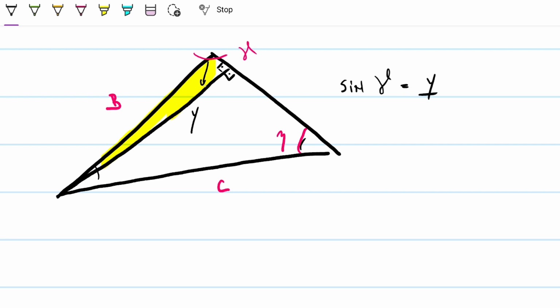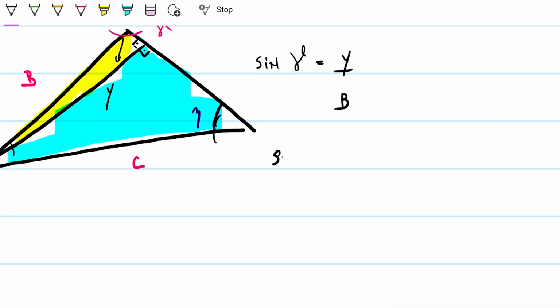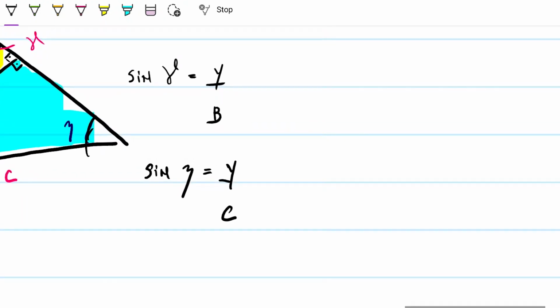So Y divided by the hypotenuse, which is B. And the blue triangle, sine of beta will be the opposing side Y over the hypotenuse, which is C. You know that we have once again exactly the same thing as before.